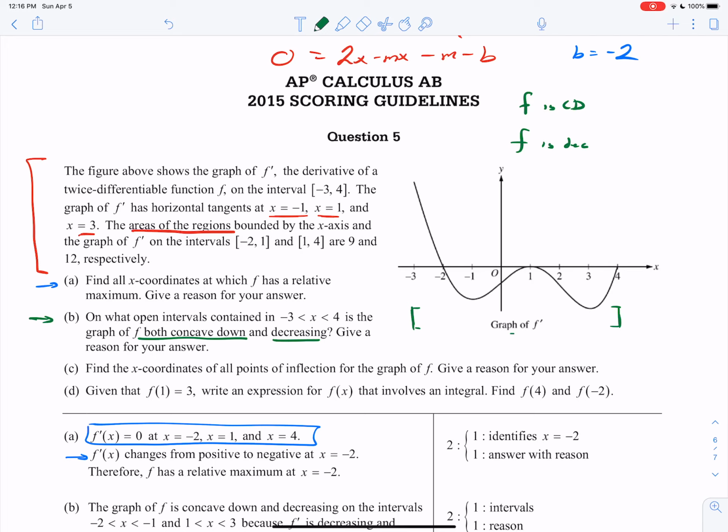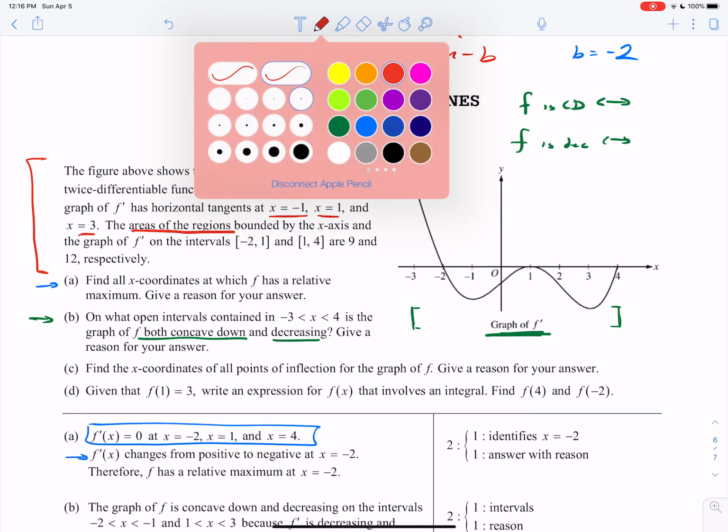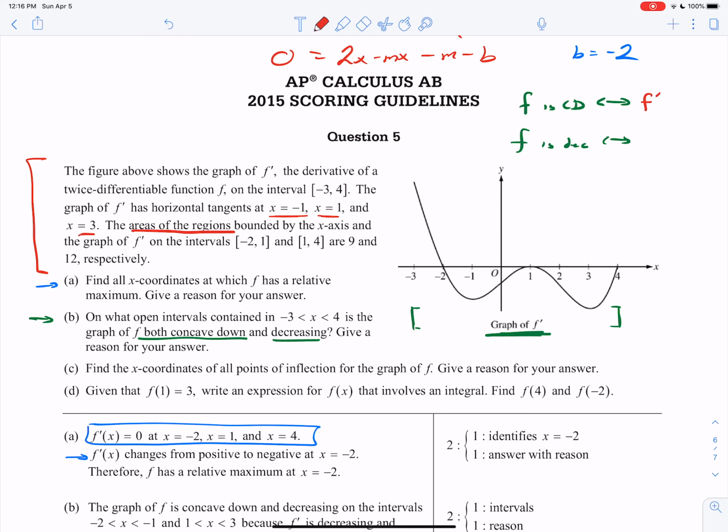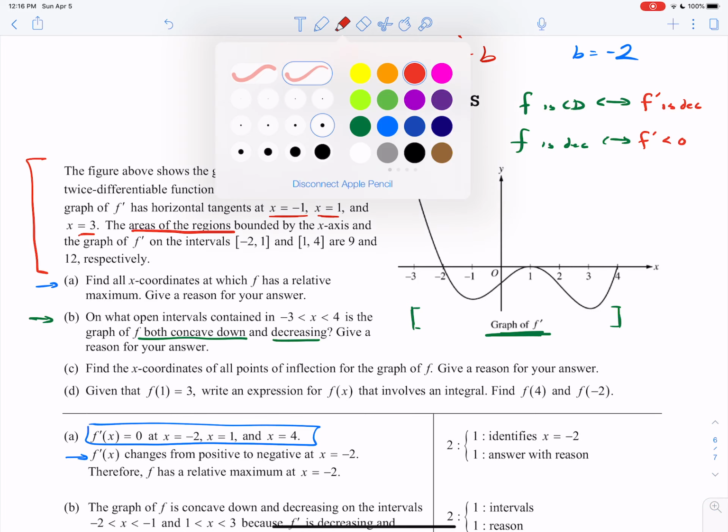Notice how you only have the graph of f prime, so we have to translate these two statements into something that we can understand. So we know that f prime is going to decrease when f is concave down, and we know that f prime is negative or less than 0 when f is decreasing. So let's take a look at these two statements here.